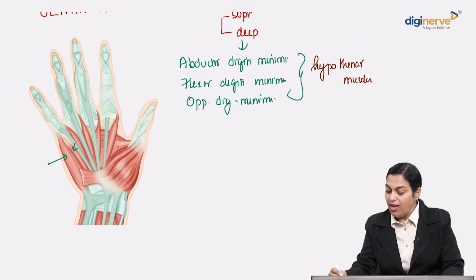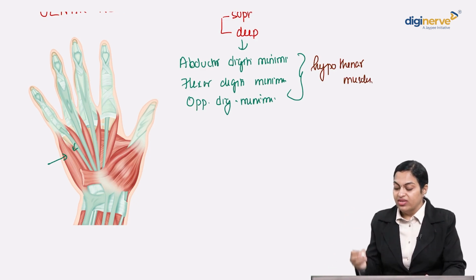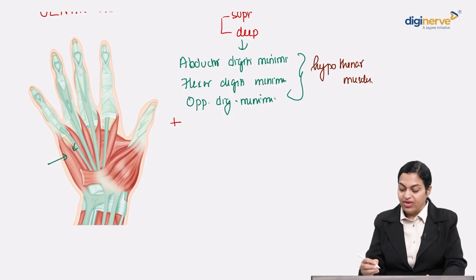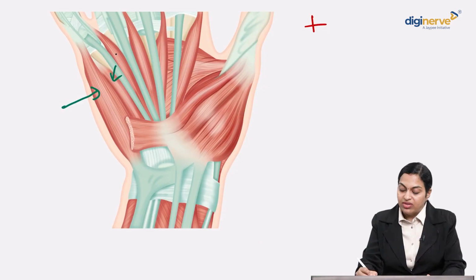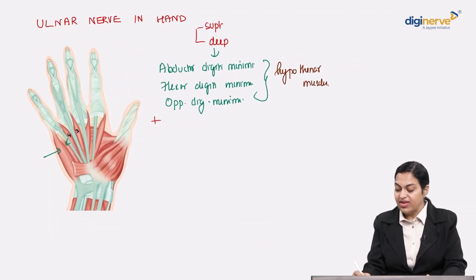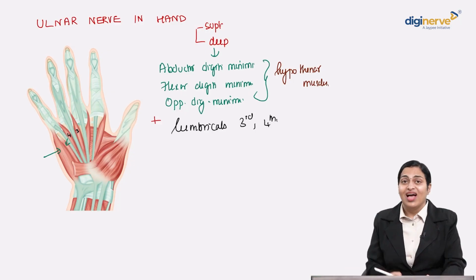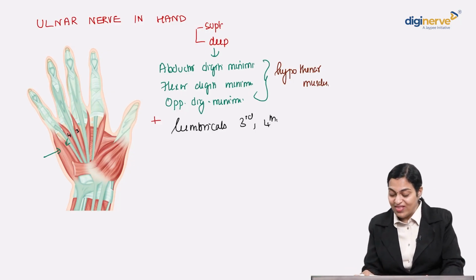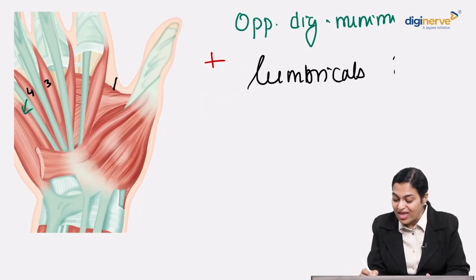right? Apart from this, the deep branch of ulnar nerve supplies these 2 muscles. What are they? The 4th and the 3rd lumbricals, right? And then it supplies this muscle going towards the thumb.